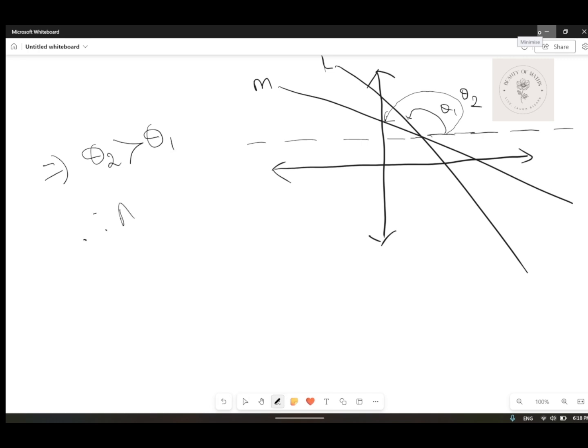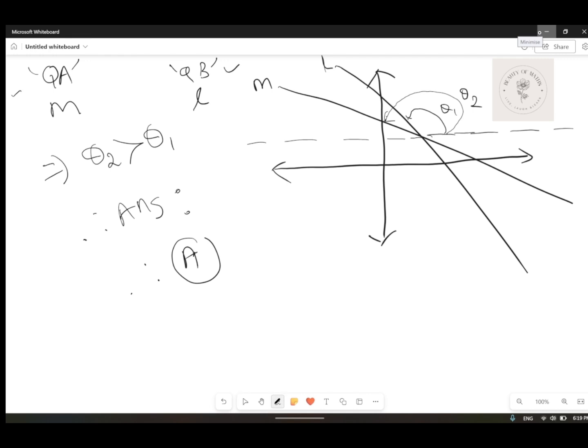Therefore, if you're given a question with quantity A and quantity B, which are M and L, what should be your answer? It should be M, which is A. Please be aware of this kind of question.